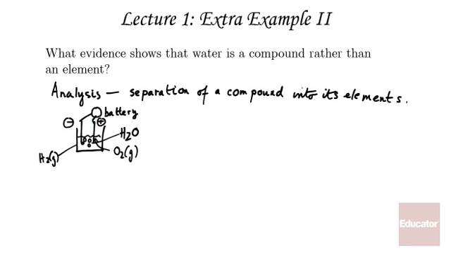We have analyzed water, separated it into its elements by means of electrolysis, that is, breaking down by an electric current. Later on in the course, we will be discussing this phenomenon of electrolysis in some detail.